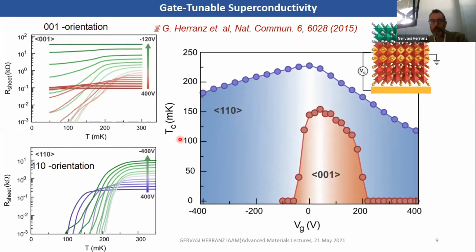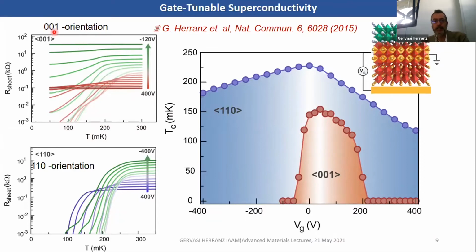But when we change the voltage towards the positive values, there is a transition developing, showing a superconducting transition, as shown here. So in this region, corresponding to these values of the electrogating, we observe a superconductivity transition typically in the range of 200 or 100 millikelvin, more or less.